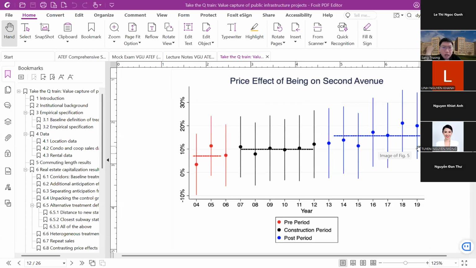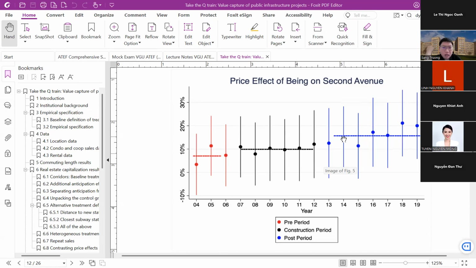So maybe post 13, post 14, post 15, post 16, 17, 18, and 19, right? For all the years. So on average, now when we split them into different periods, we could see the dynamic is revealed.